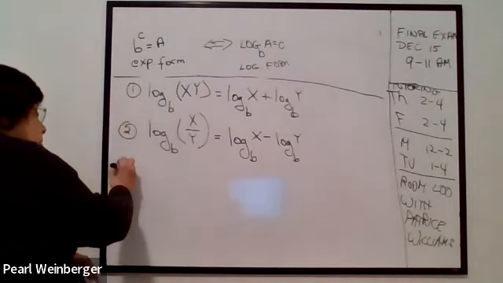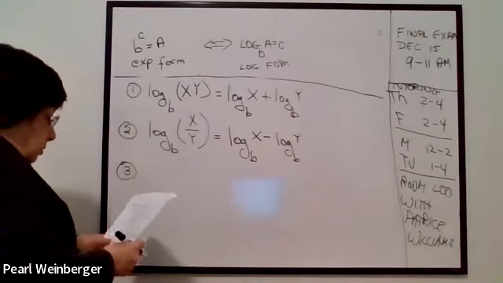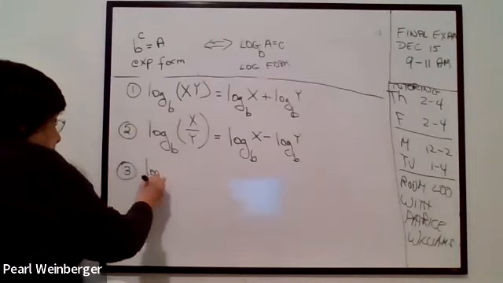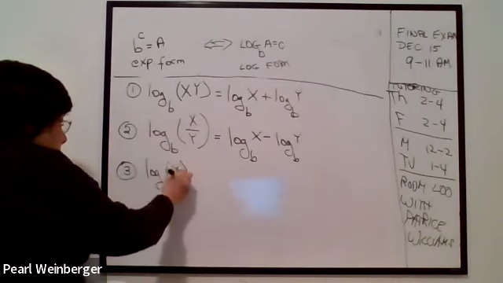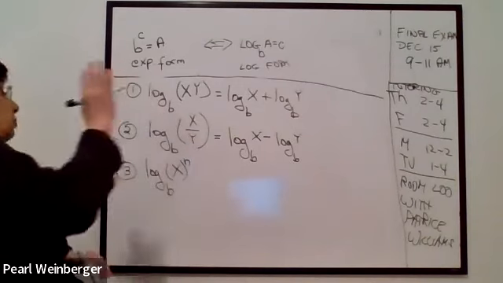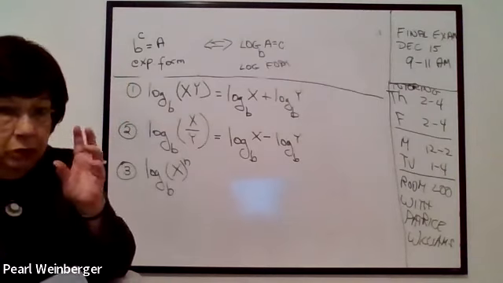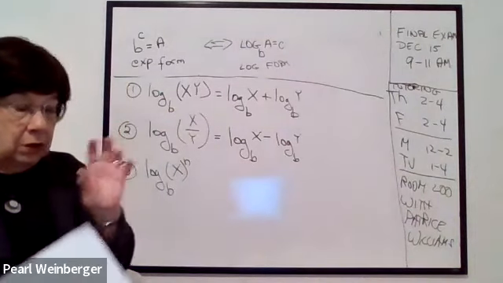Okay, the third rule has to do with exponents. Let's say I have the log base b of x to the nth power. I have something to an exponent. Now remember, the log is one exponent, and I'm raising it to another exponent.